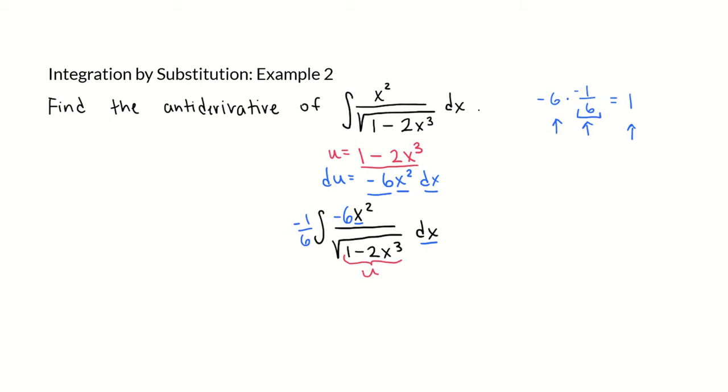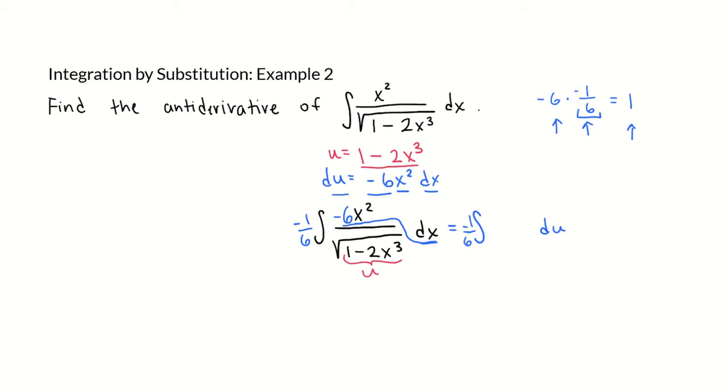Okay, and now we're ready to substitute. So now we have the integral, negative 1/6 in front of 6x squared dx, which is equal to du.